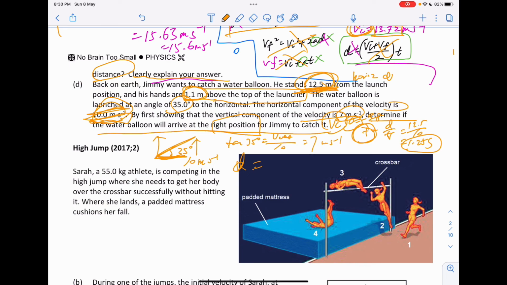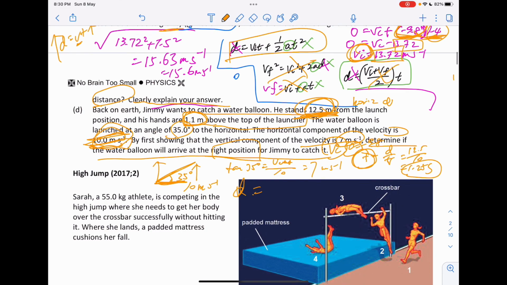It's wrong. Okay, substitute the values. VI is 7, T is 1.25, plus half times minus 9.8 times 1.25 squared. So 1.25 times 7 is 8.75.